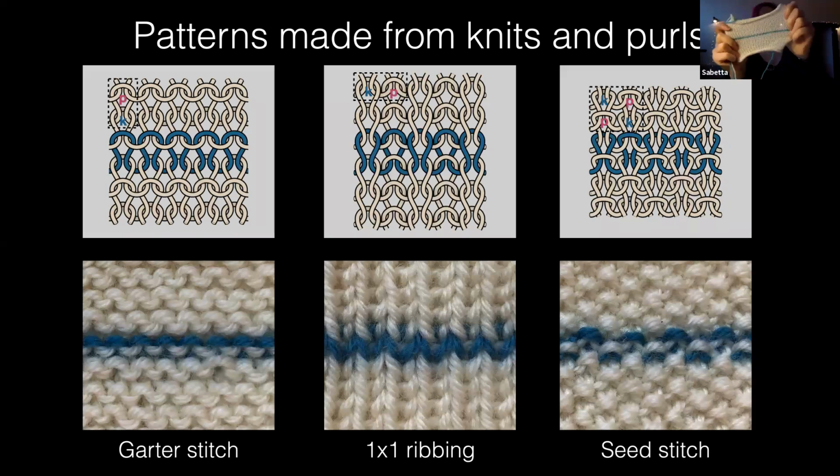It tends to roll up at the boundary, so it kind of wants to be locally hyperbolic. I'm not going to get into that, but that's something that's quite interesting about it. Garter, which is the alternating rows of knits and purls, it's really stretchy in the vertical direction, and it's pretty stretchy in the horizontal direction.